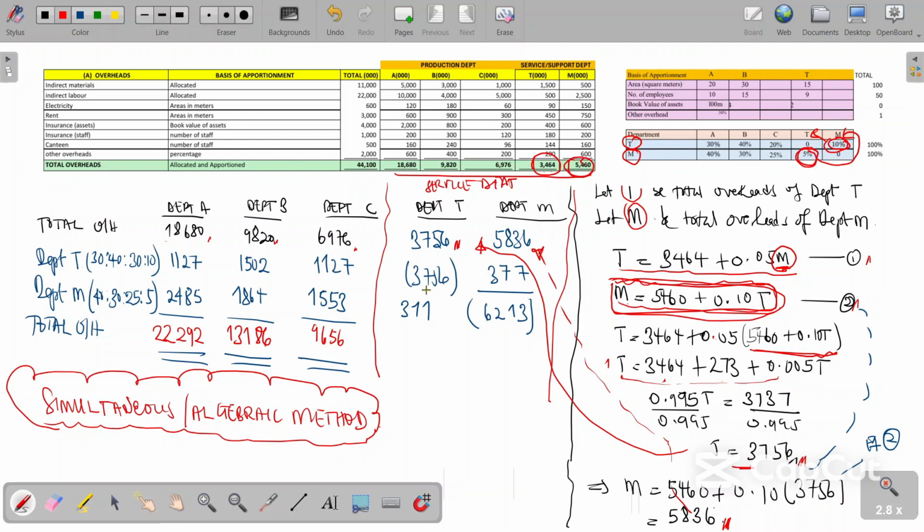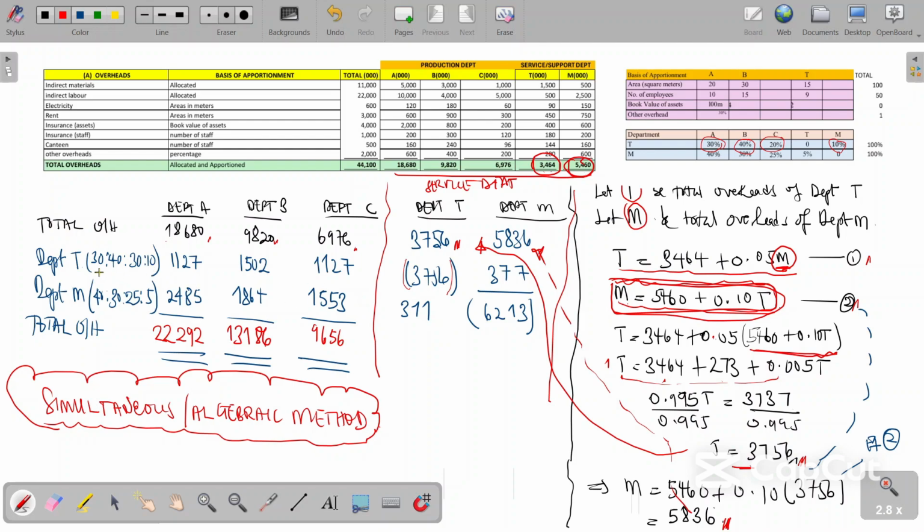Now, after getting this, we need to go and share. So we have to go back into the table and share using these ratios. If we are going to share department T, then we bring department T down, put it into brackets, then we use this ratio: 30%, 40%, 10%, and 30%.